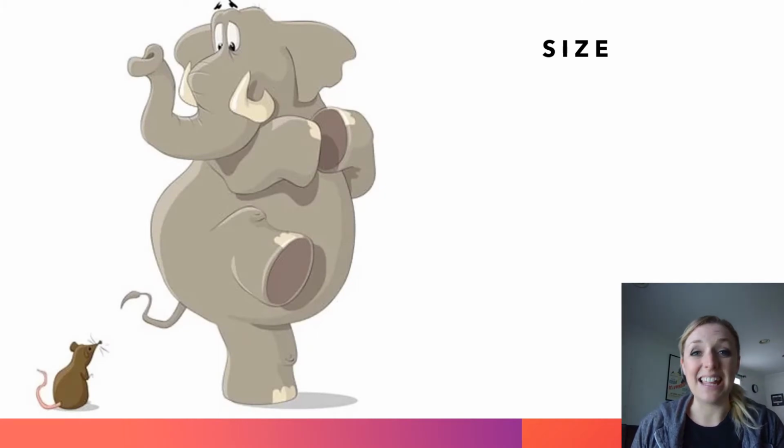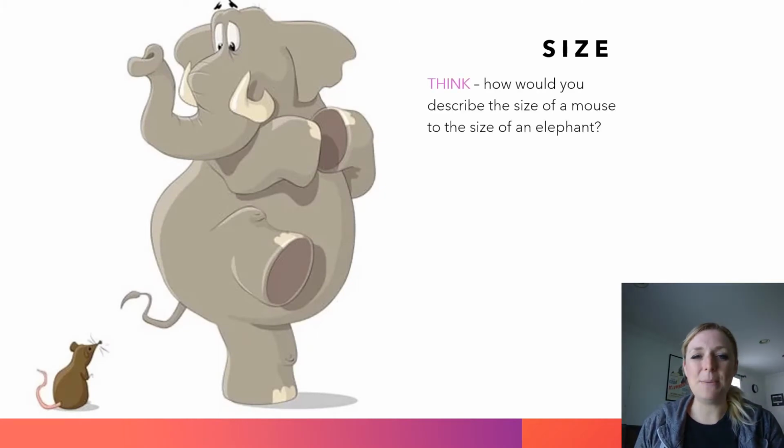Now, size. The picture might help you. Have a think. How would you describe the size of a mouse to the size of an elephant? Tell somebody in the room.